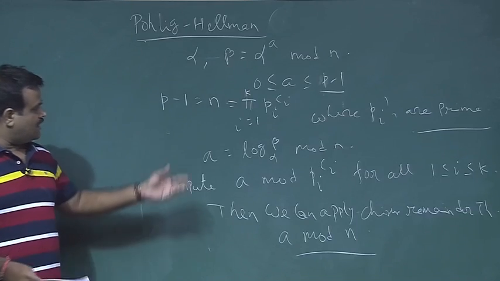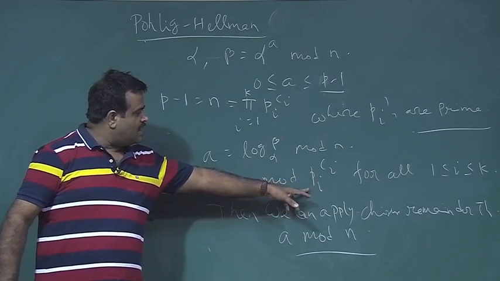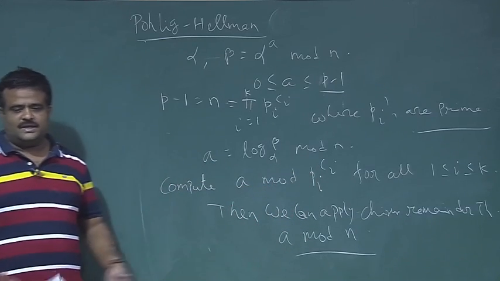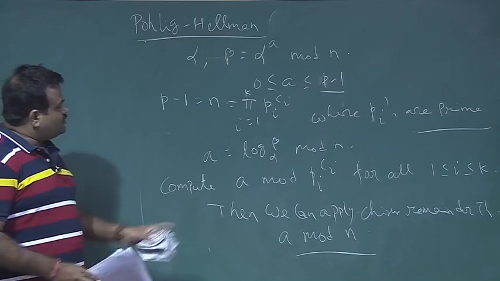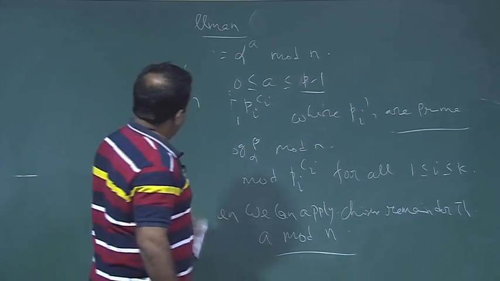So, if we can find a mod p_i to the power c_i, then by applying the Chinese remainder theorem, we can get this. Now the question is how to get a mod p to the power c. So, that we have to find out.